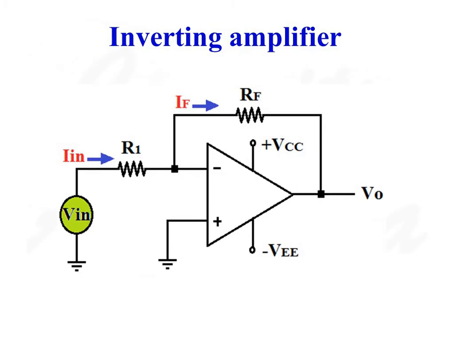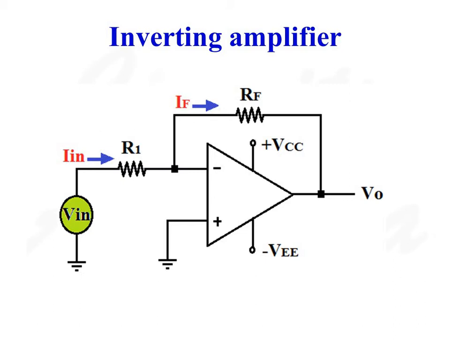So this is the diagram of an inverting amplifier. Here the non-inverting input is connected to ground. Input signal Vin is applied to the inverting input of the operational amplifier through resistance R1.